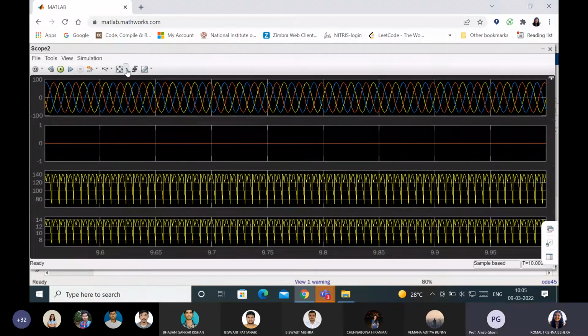Sir, output voltage, sir. Yes, output voltage. I think this is R load, am I right? Yes, sir, R load. Okay, how would I understand that here is R only load?